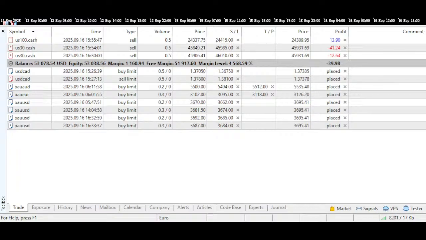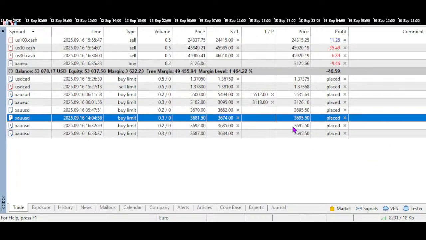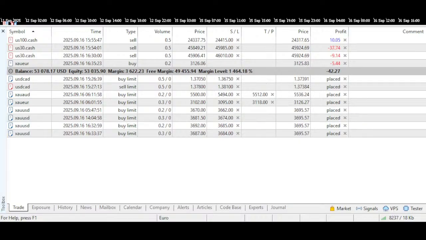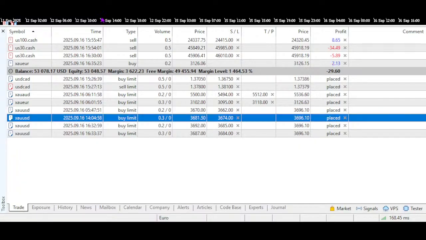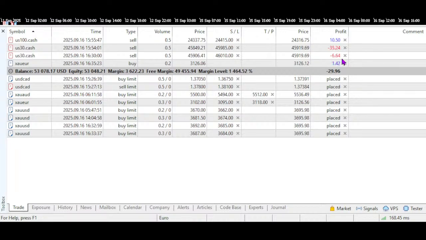So I'll try to enter at market on gold euro, because that one seems to be a bit, since I'm not getting the entry, and I want to be in the trade. Okay, I'm trying to enter this at market. Okay, gold Aussie also I want to go at market, just a small volume.